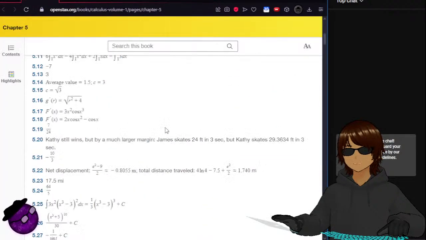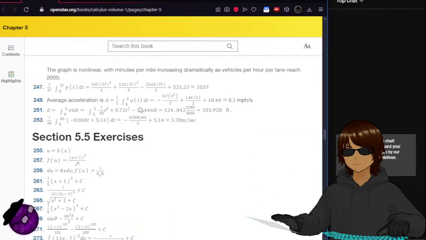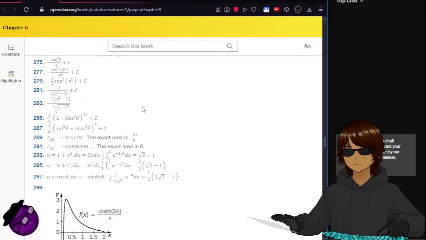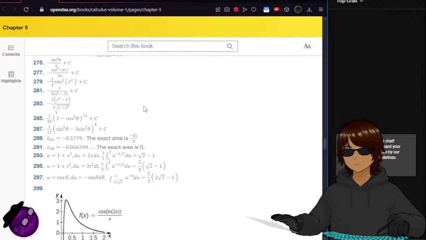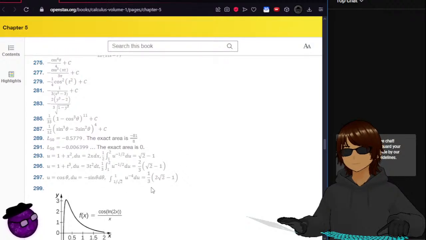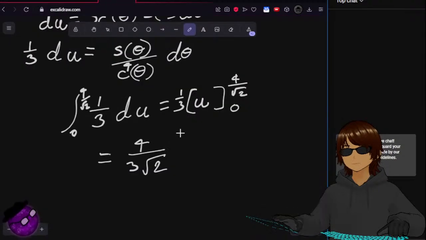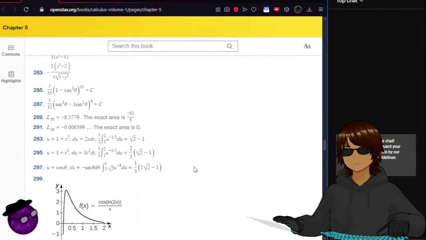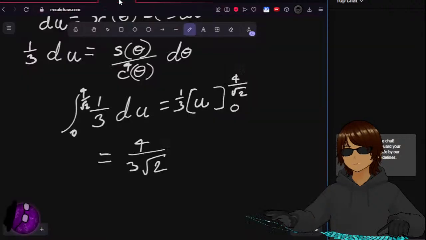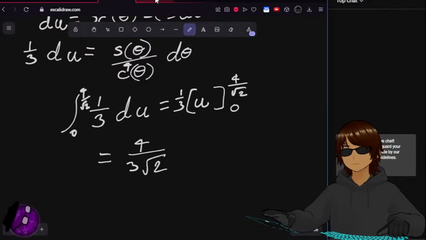What is it? 297. No, it is not. 2 root 2 minus 1. 1 over 3, 2 root 2 minus 1.